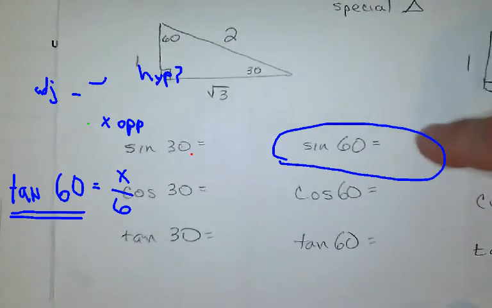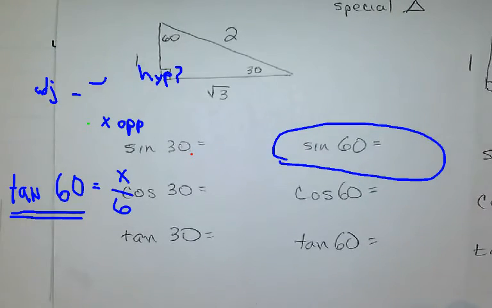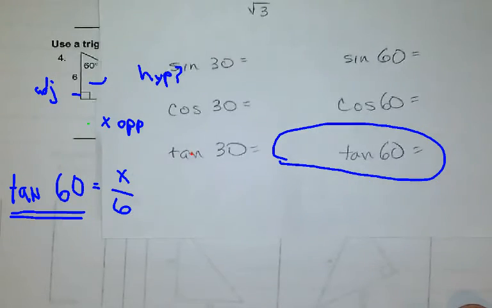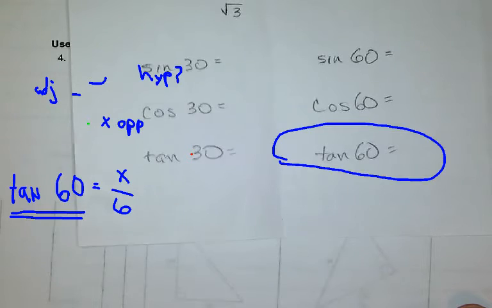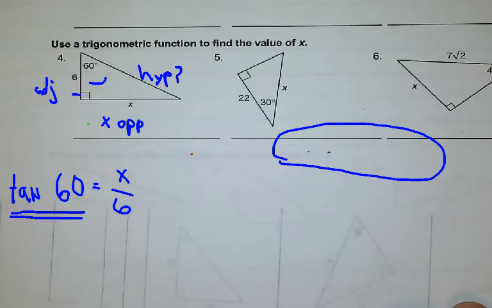Tangent of 60. What is the tangent of 60? Well, if you wrote it down yesterday, you still have it, right? The tangent of 60 is the square root of 3 divided by 1.